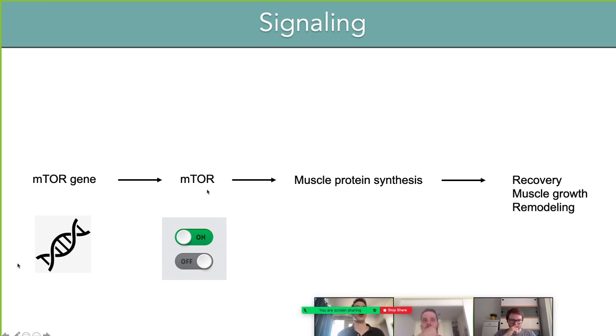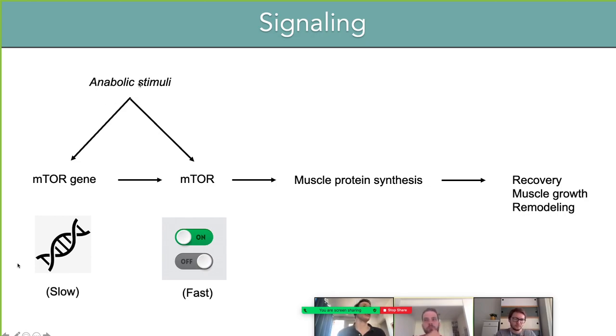Are they on or off? And then so this is kind of what I mentioned before. So when you have anabolic stimuli such as exercise or protein ingestion or potentially detrimental interventions such as cold water immersion, they impact both of these steps and therefore ultimately these things.